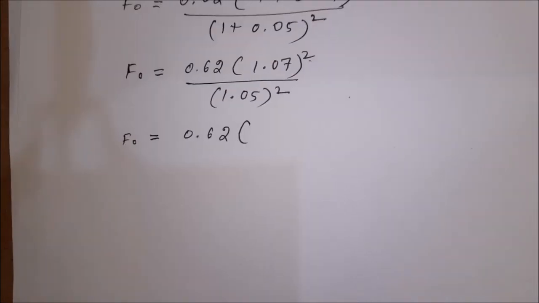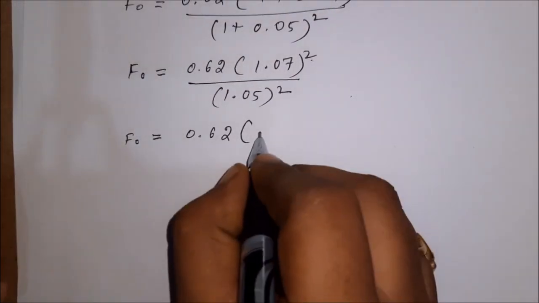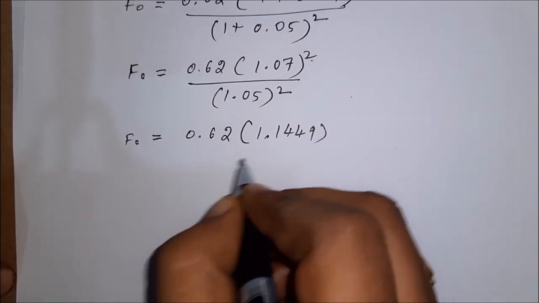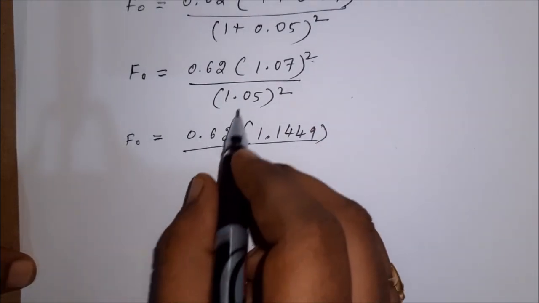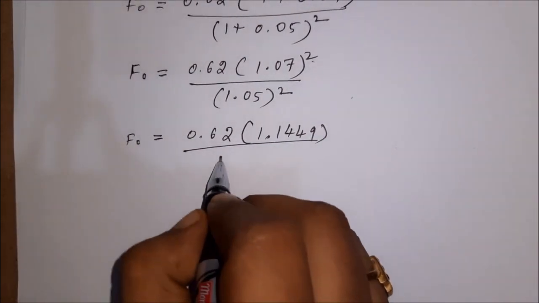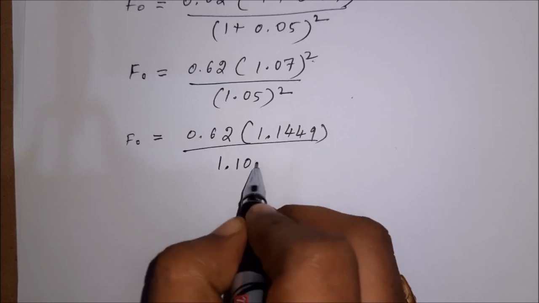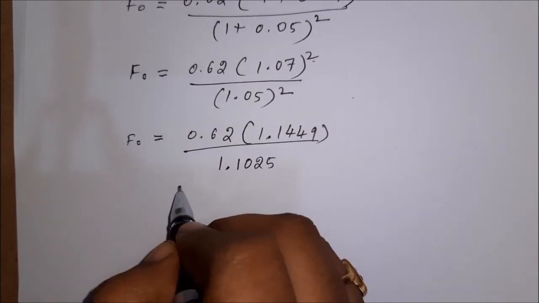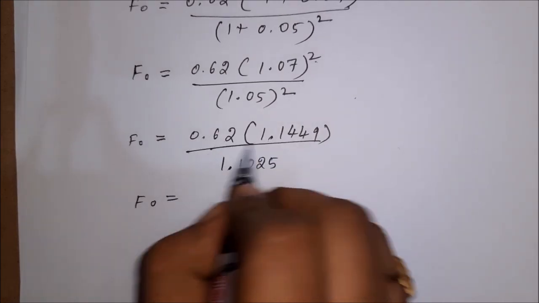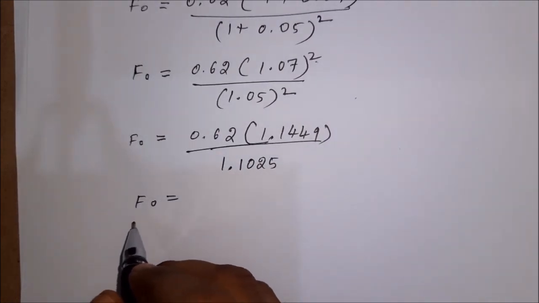Do the square of 1.07 into 1.07, you will get 1.1449, and again the square of 1.05, we will get 1.1025.